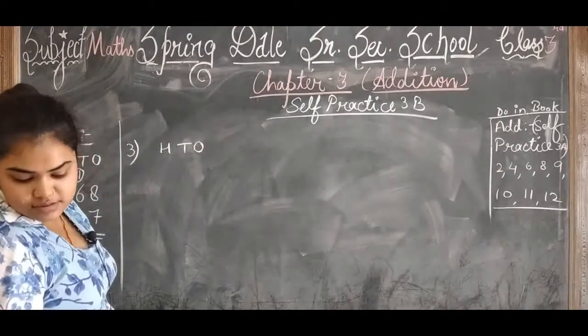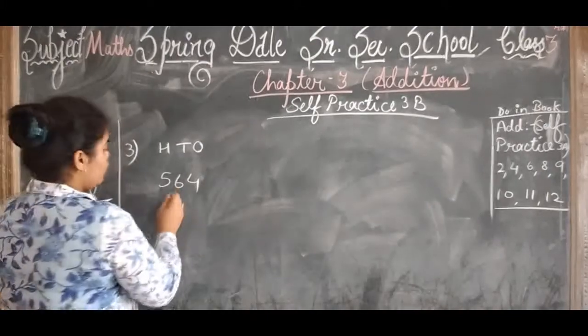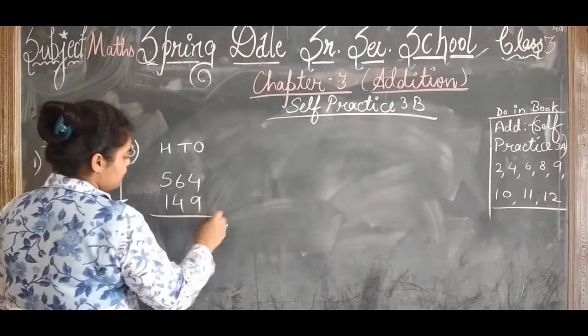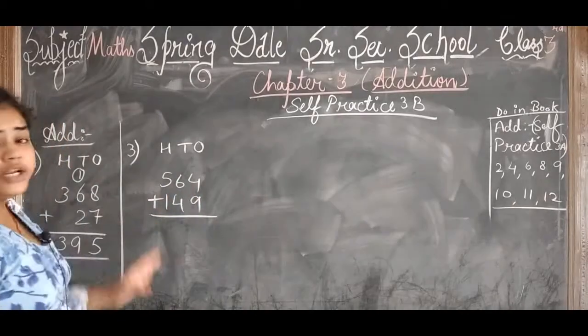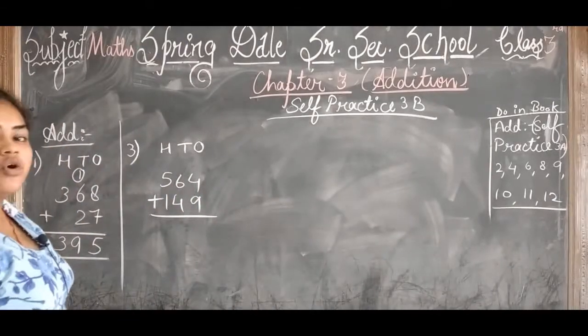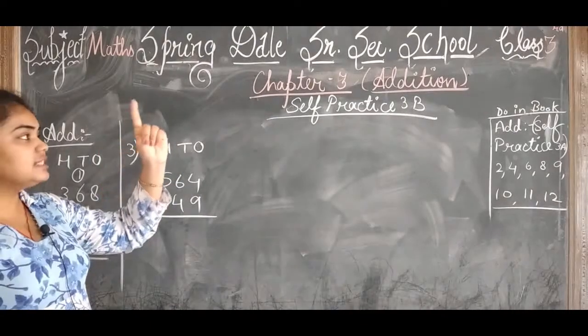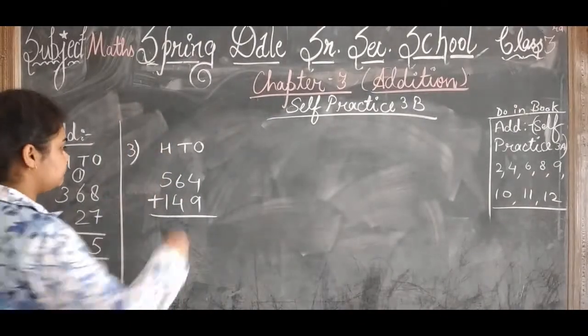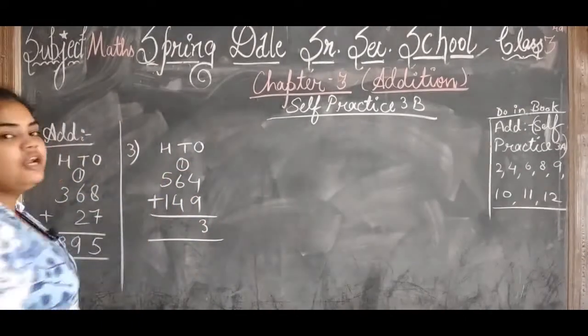Next we have third part, that is 100 tens ones, 564 plus 149. Now, 4 in your mind, 9 in your fingers. After 4 count 5, 6, 7, 8, 9, 10, 11, 12, 13. 1 here and 3 at 1's place. 6 in your mind, 4 in your fingers.